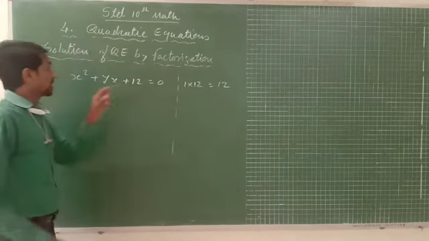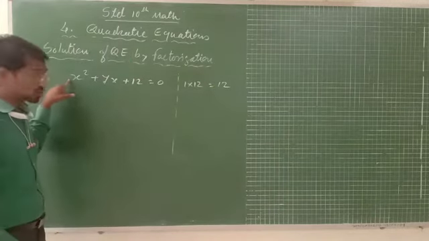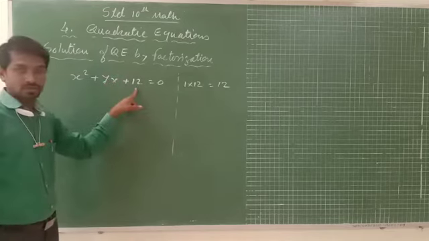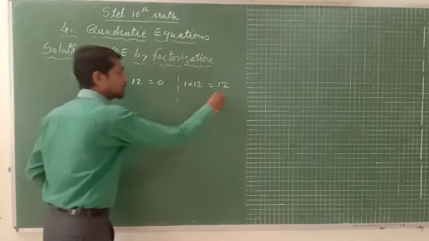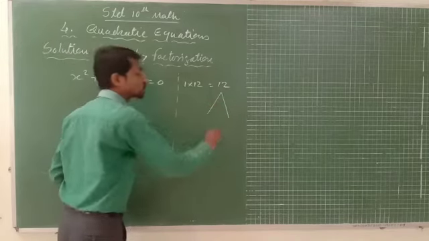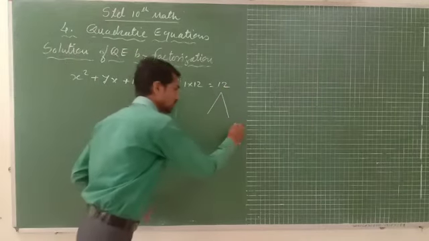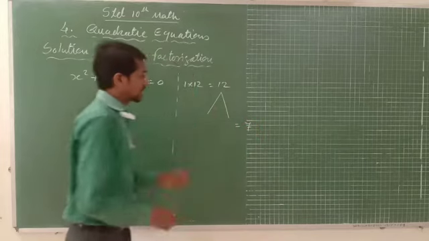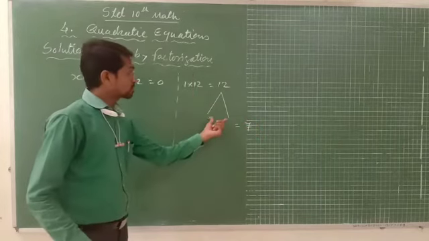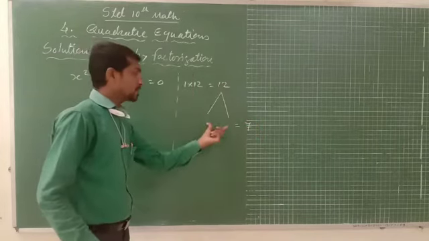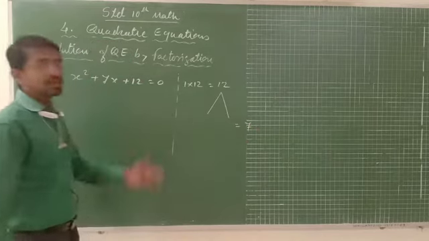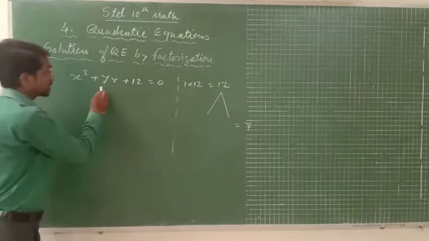So I multiply the coefficient of x square and the constant, which gives 12. Now we find two factors of 12 such that their addition is 7. The product of these two numbers is 12, and their addition is 7. Think about which numbers these are. This is splitting the middle term.